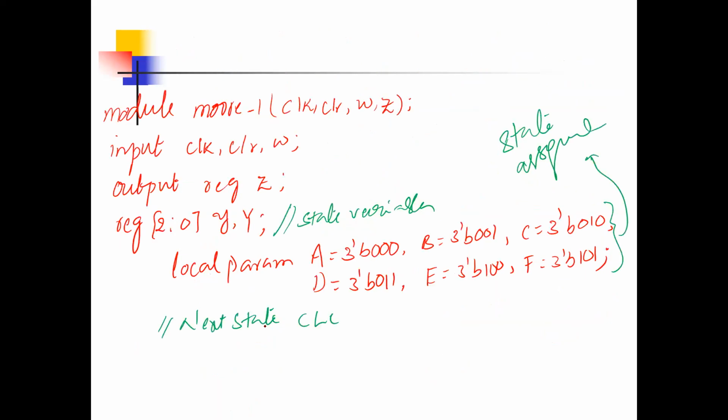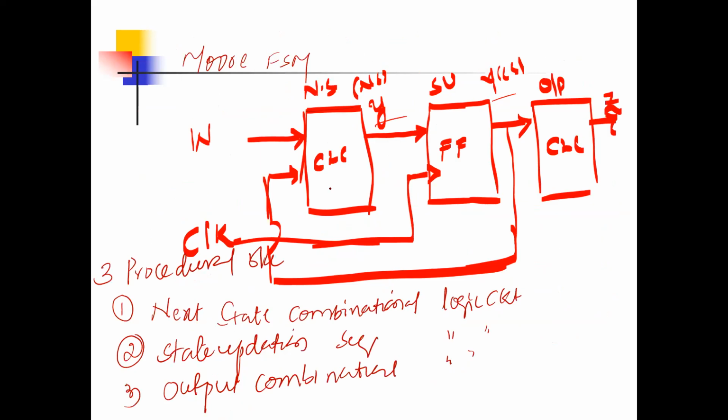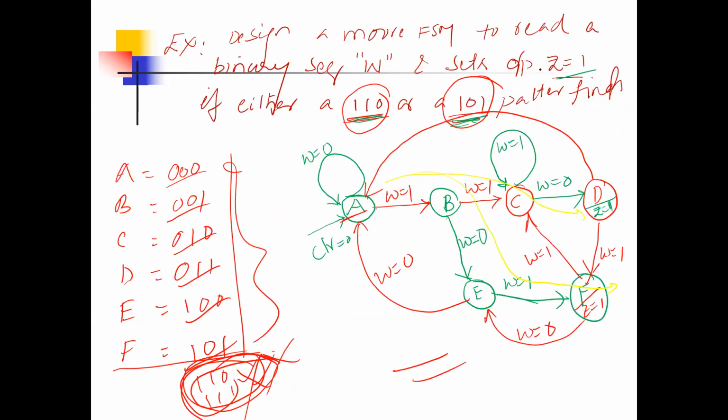Now as I told you, as in the picture, we have 3 blocks: next state block, state updation block, and output block. For each block, one procedural block is required. So I will start with one procedure.